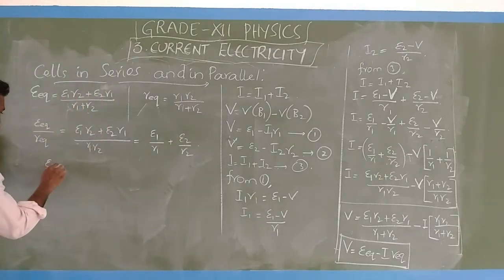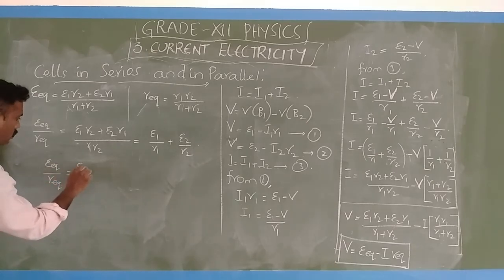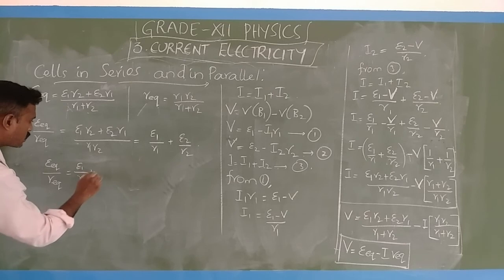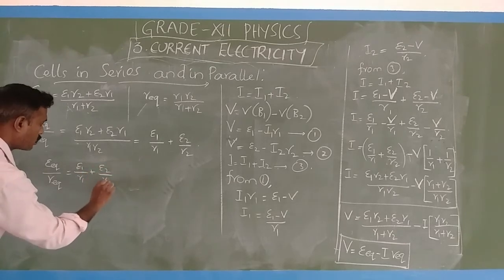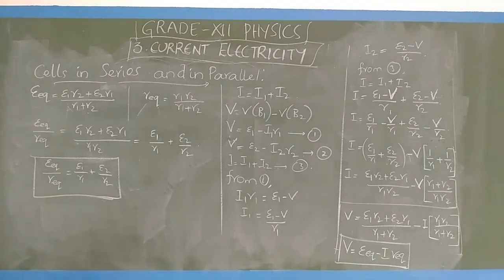So E equivalent by R equivalent is E1 by R1 plus E2 by R2. This is another formula.